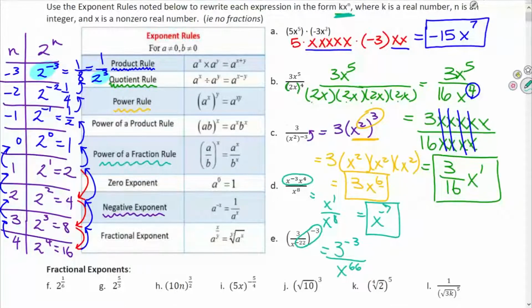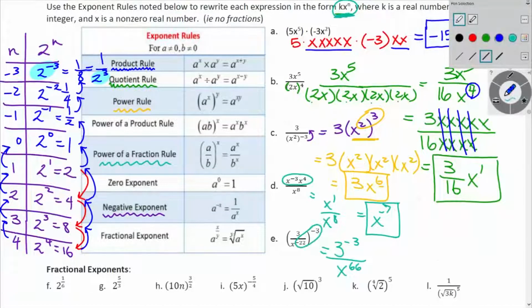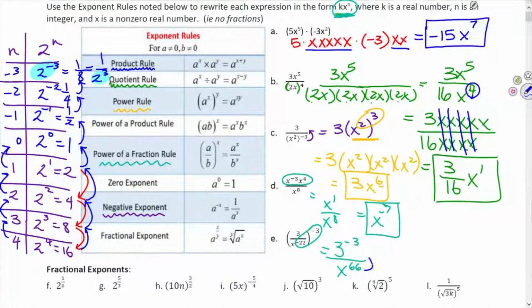Okay? All right. Now, again, I'm trying to get into the kx to the n power, and so I'm going to bring this x to the 6th power into the numerator by changing the sign of the exponent, and also making this kind of by itself. So I have 1 over, bringing this down, kind of switching them, I have 3 to the third power times x to the positive 6th power.